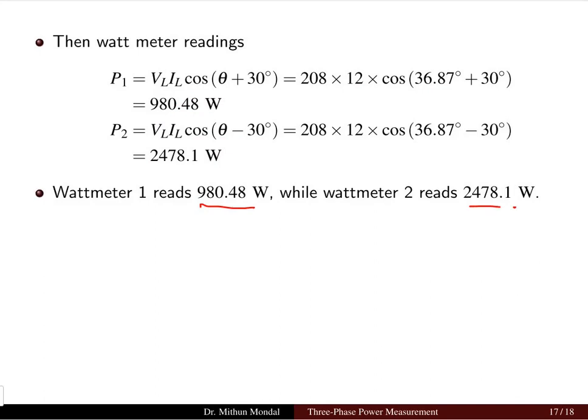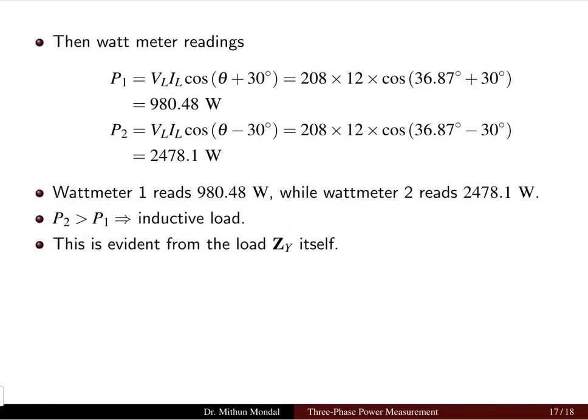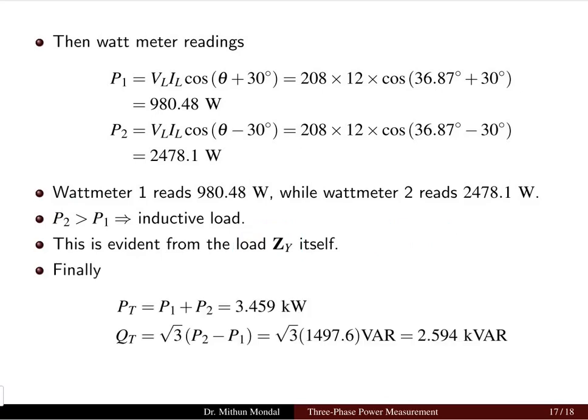Note here, the power P2 is greater than P1, so that indicates an inductive load because the reactive power will be greater than 0. We have seen this in the lecture class. So this is evident also from the load. If you see the load theta, that is a positive quantity, which indicates that the load is inductive in nature. Finally, we can obtain the real power and the reactive power.